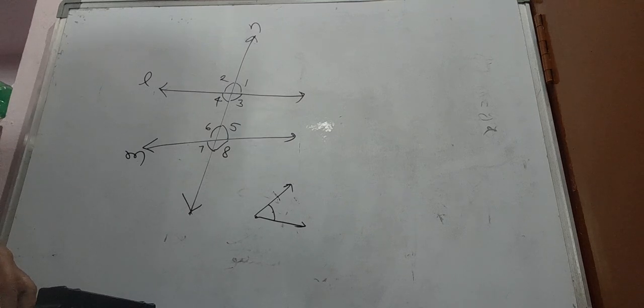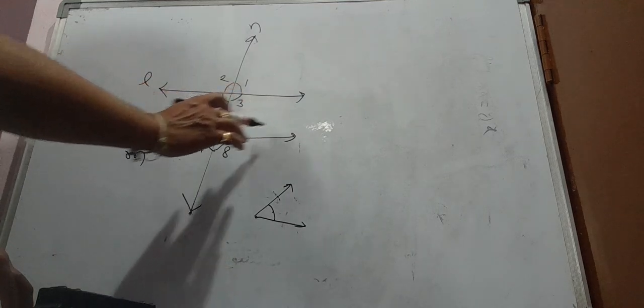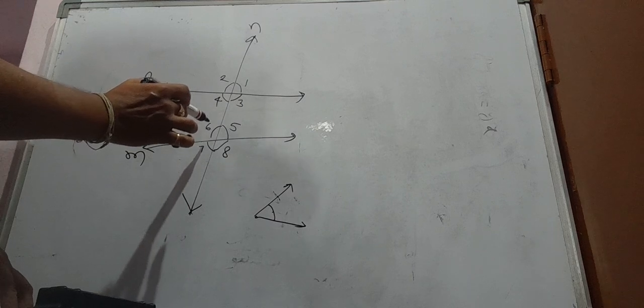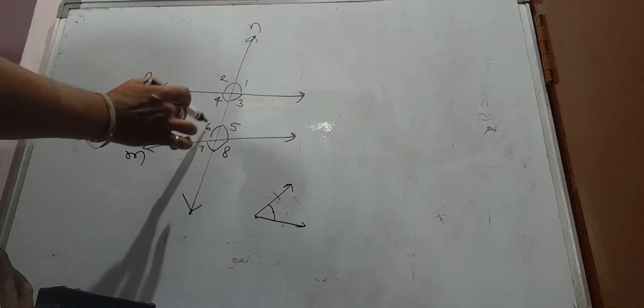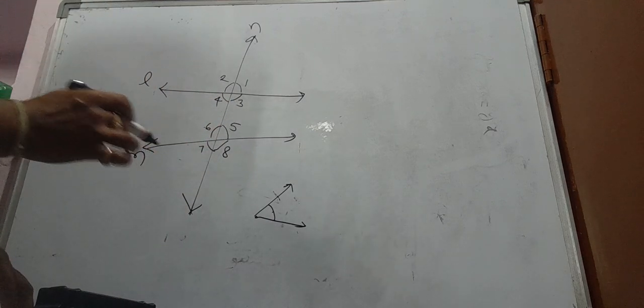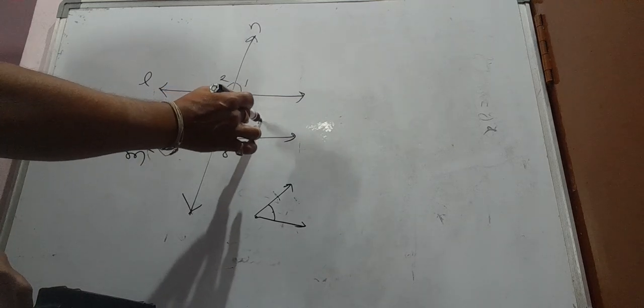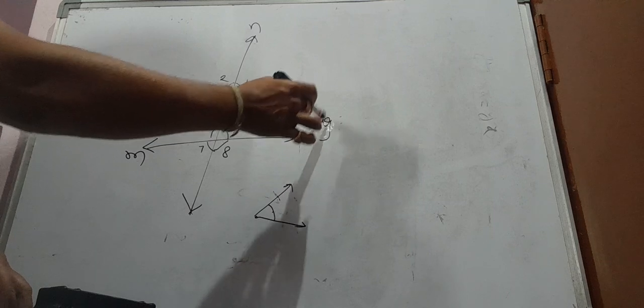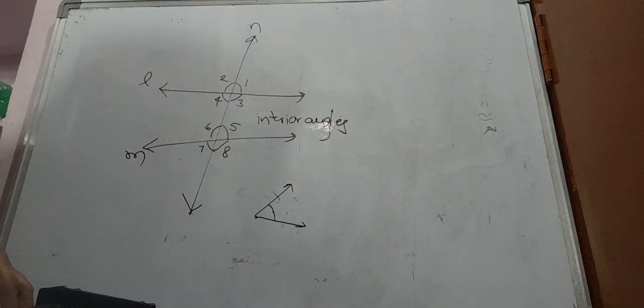So children, these angles have particular names. Those names we are learning today. Inside these two lines we have 4 angles, 3, 4, 5, 6. They are called interior angles.